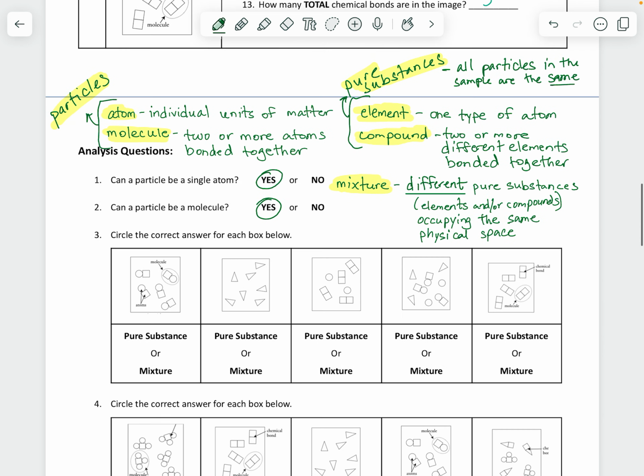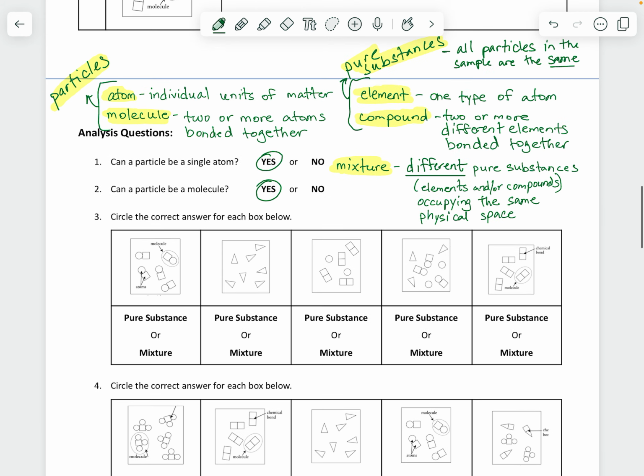So we have all of our words there, and we are going to use those definitions as we go through. Now, can a particle be a single atom? Yes. Can a particle be a molecule? Yes. Atoms and molecules are representative particles, which means that it can be by itself or in a group, and we consider it to be its own particle.